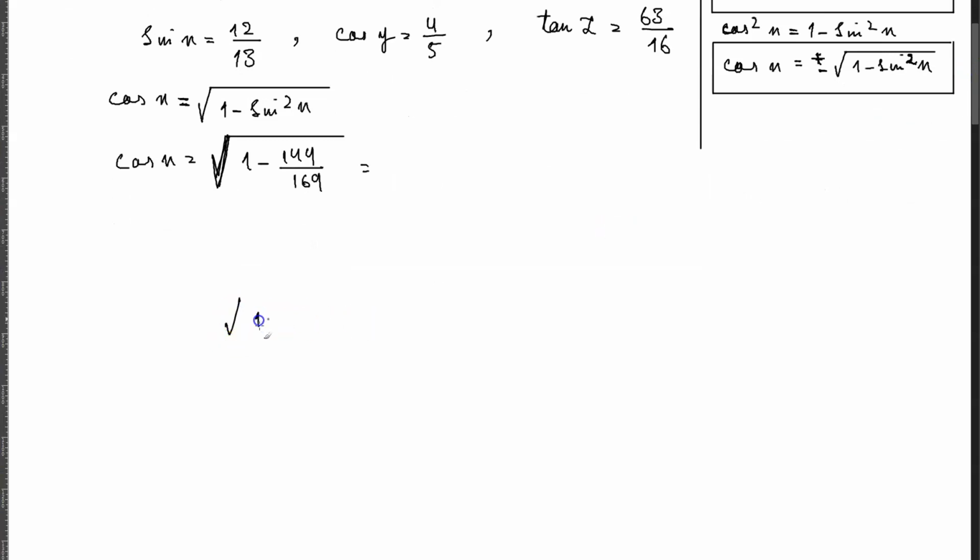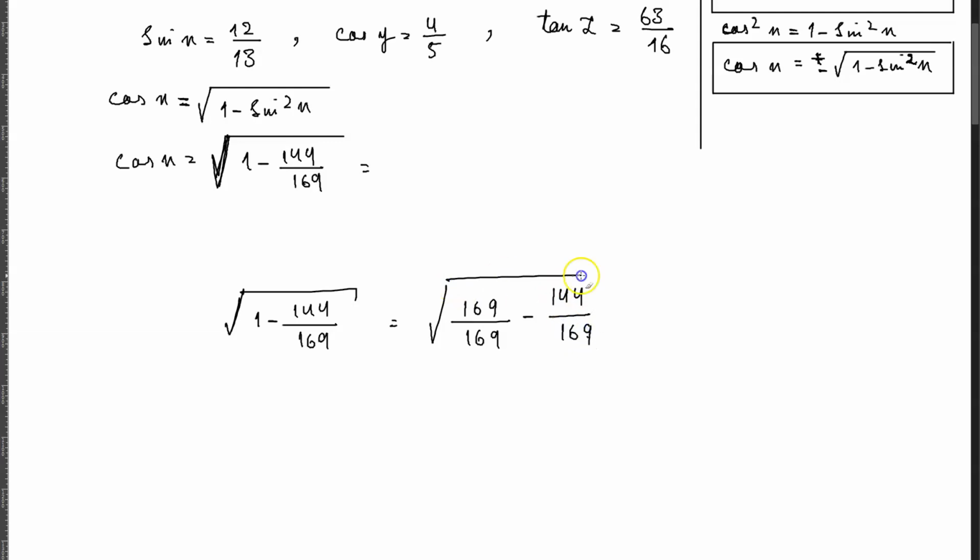The square root of 1 minus 144 over 169 is equal to the square root of 169 over 169 minus 144 over 169. And what is 169 minus 144? I think it's 25. So it's the square root of 25 over 169, which is equal to 5 over 13. So cos x is 5/13.